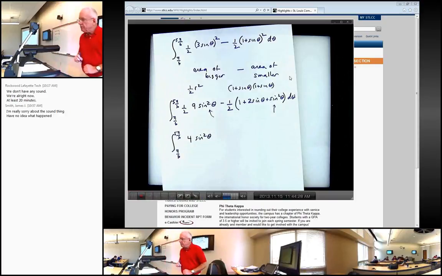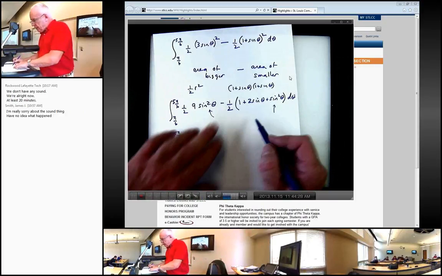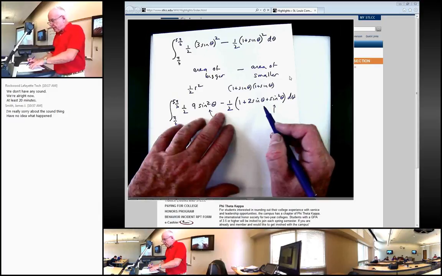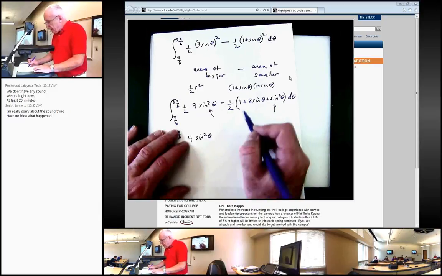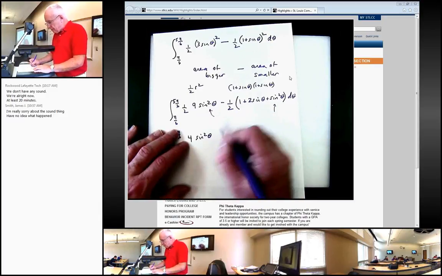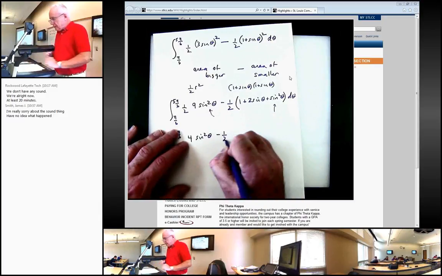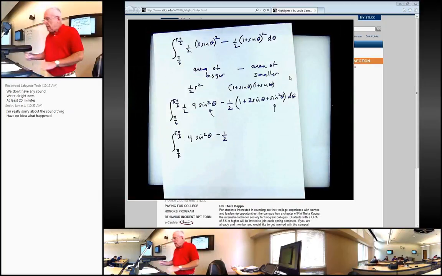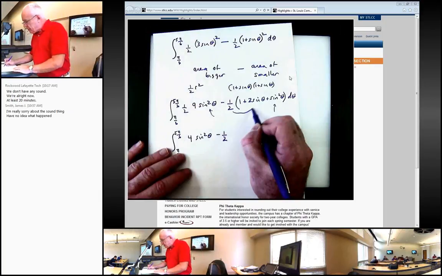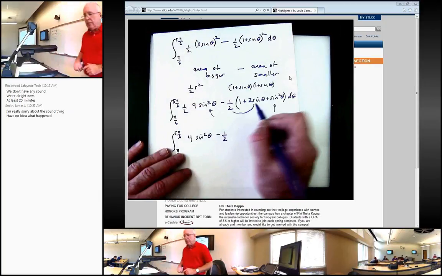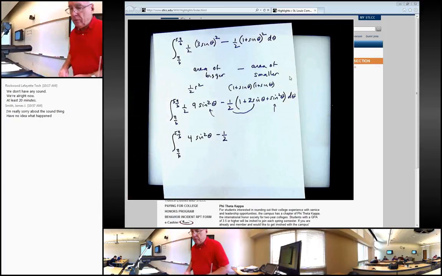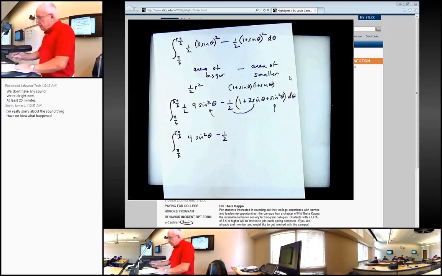All right. Now what else do I still have here? Because I have to make sure everything's accounted for. Then I have minus 1/2 times 1. So that's minus 1/2. And then the other thing I still have is minus 1/2 times 2 sine of theta. All right. So that's going to be what?